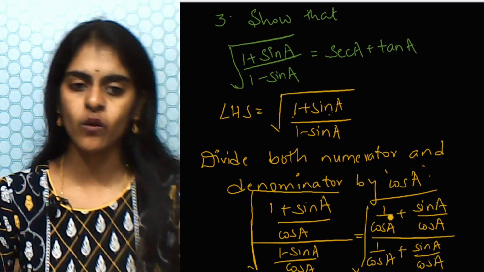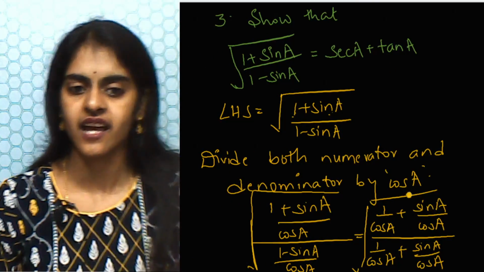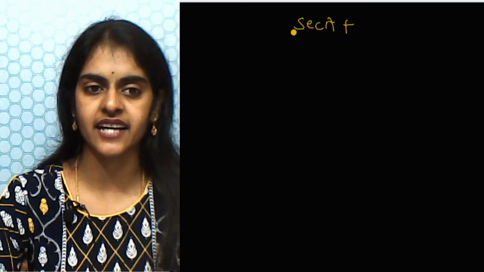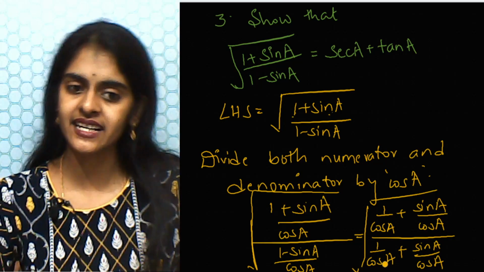Now 1 by cos A is nothing but secant A, and sin A by cos A is tan A. So this is secant A plus tan A divided by, here you have 1 by cos A, again secant A.